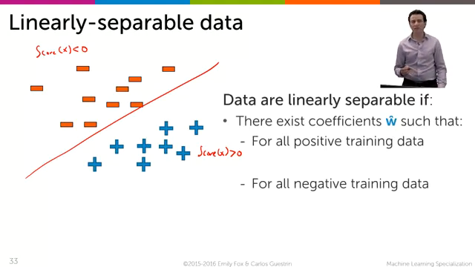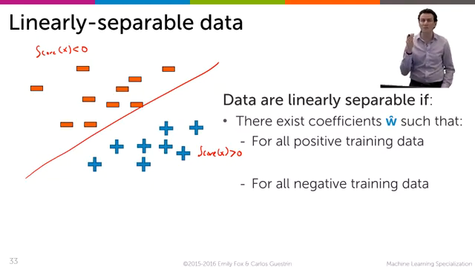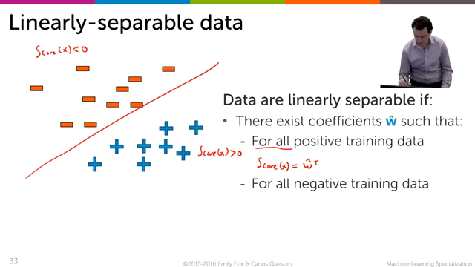More generally, if somebody stops you in the street and says, what does it mean for data to be linearly separable? We say it's linearly separable if the following is true. For all positive examples, score of x, which is w hat transpose h of x, is strictly greater than 0.